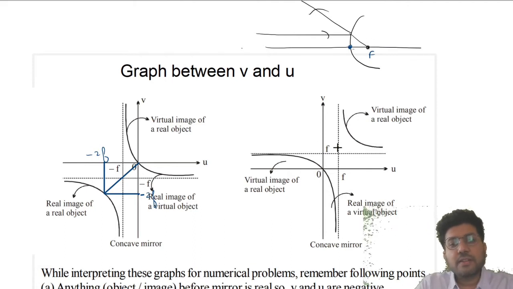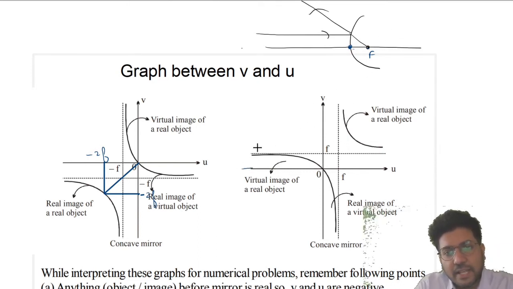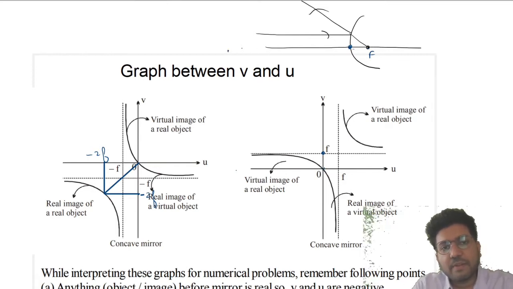So here you can see that the object is real, that means U is negative. The image is virtual, that means V is positive. So you can see that the image is above the x-axis, that means the image distance is positive, right? And when the object is at infinity, the image is at plus f. And when the object is anywhere between infinity and pole, the image is always between pole and focus and positive.